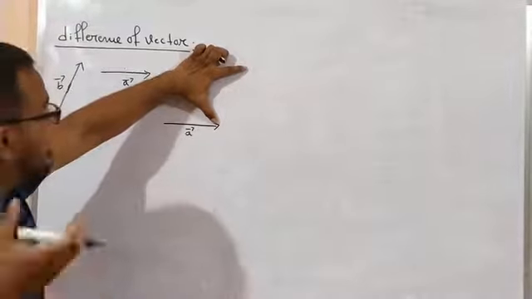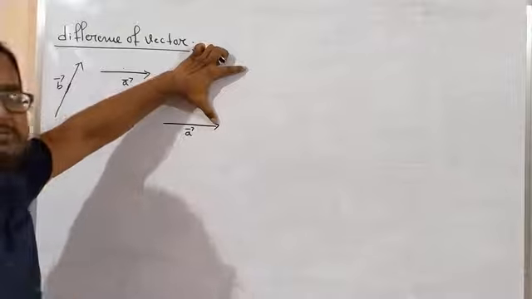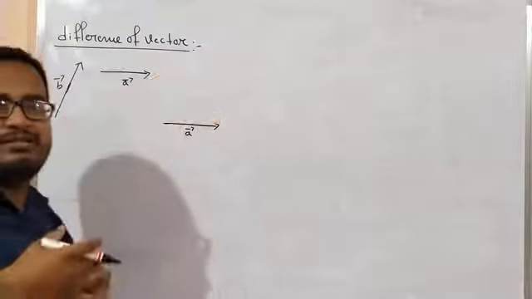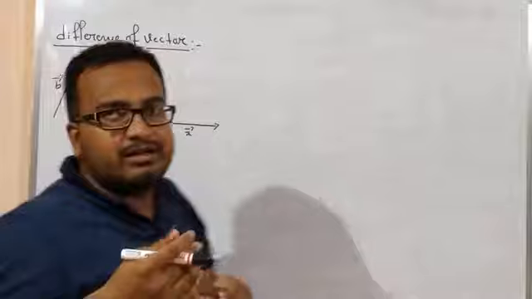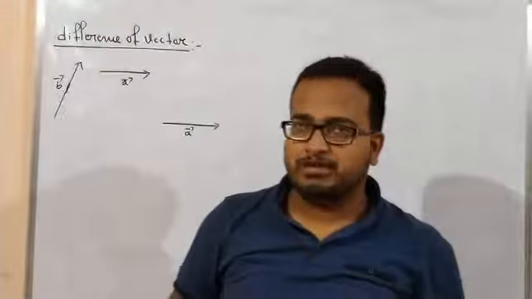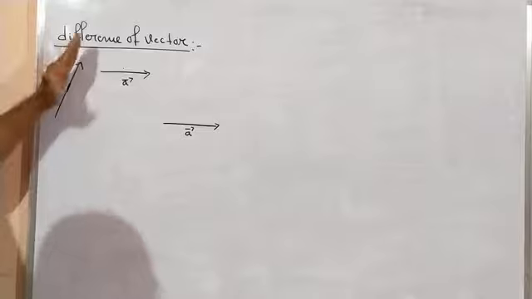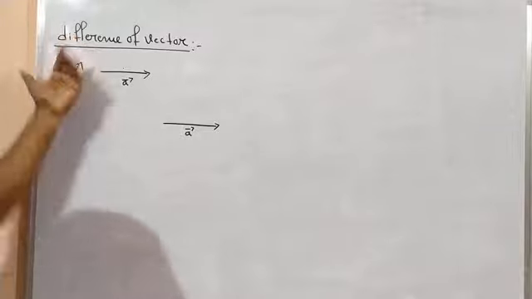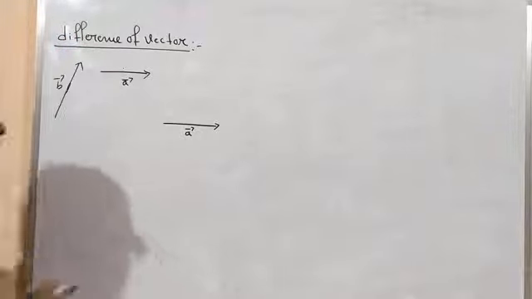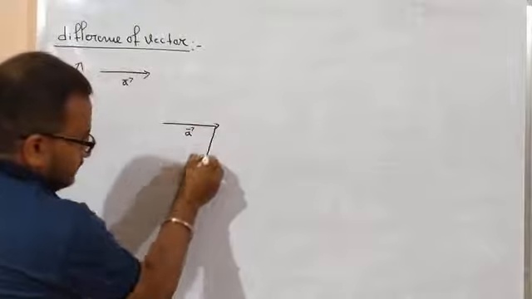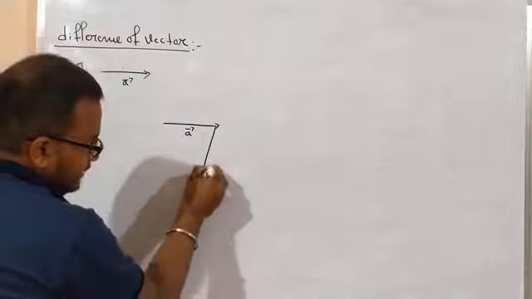Now I need the difference of vectors, that means A vector minus B vector. Minus B vector is nothing but the opposite of B vector, isn't it? If the direction of B vector is in this direction, then the direction of minus B vector will be in this direction. This is my minus B vector.